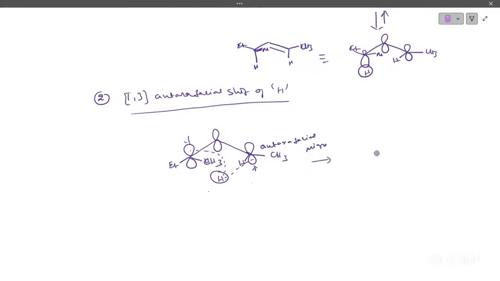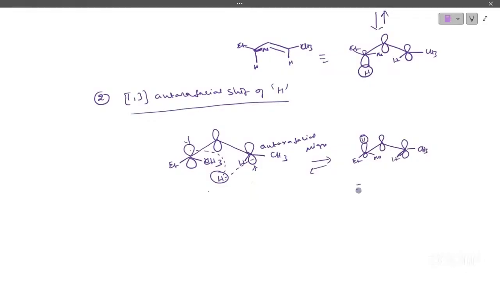After migration, you can obtain the product like this: ethyl group, methyl group, hydrogen, and CH3.